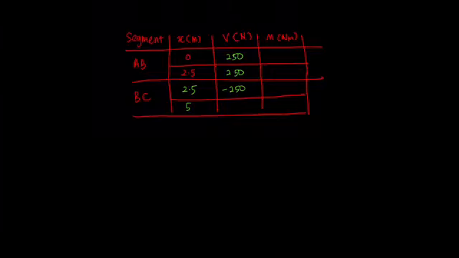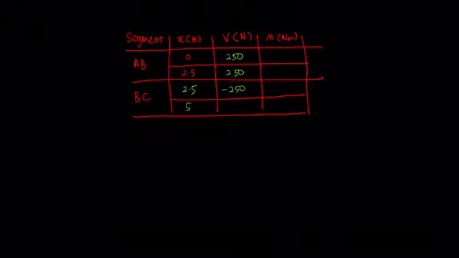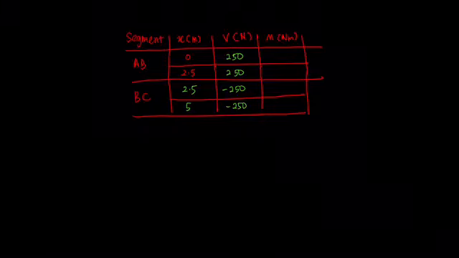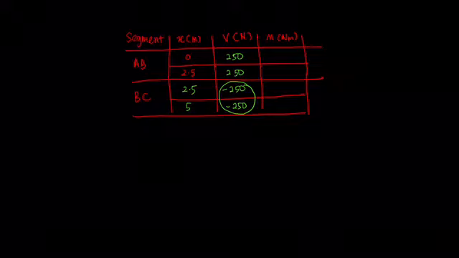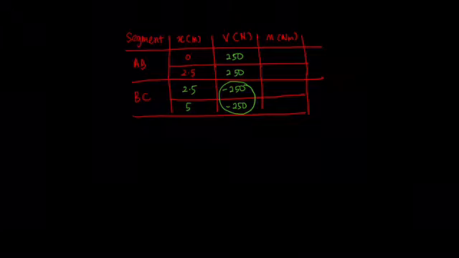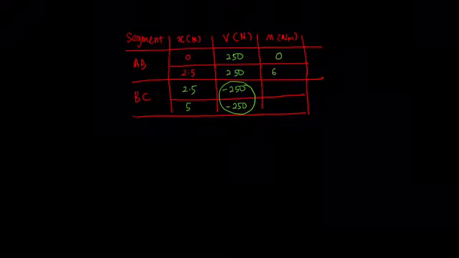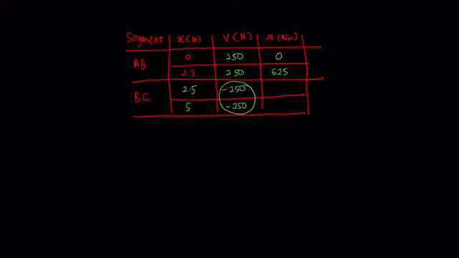When x is equal to 5, then your V is equal to negative 250. This is by calculation at segment BC that you need to calculate by yourself. And for segment AB, when x is equal to 0, M is equal to 0. When x is equal to 2.5, then your M is equal to 625.